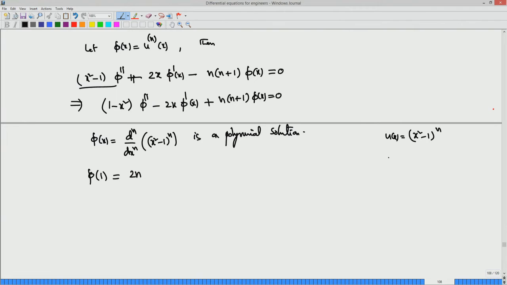If you differentiate this n times, u^n of x is actually 2n plus 1.